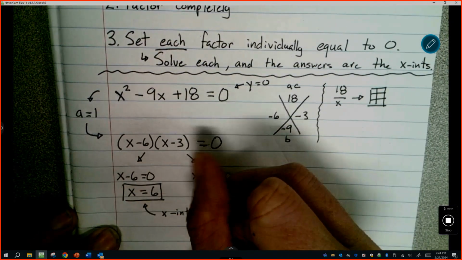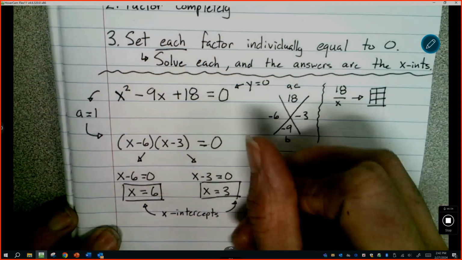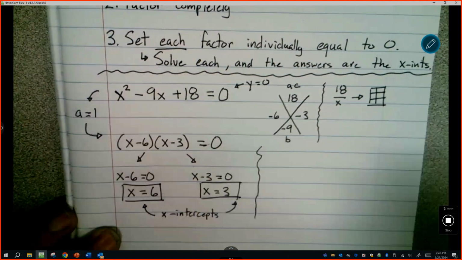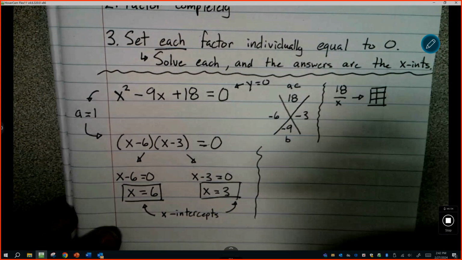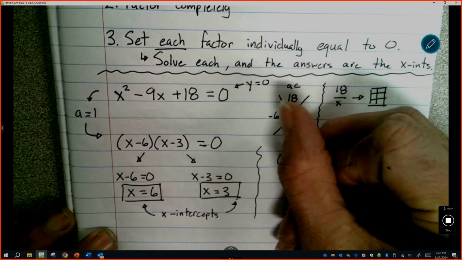And if we were to take one of these two values and plug it into my original equation, you will see that it is going to make that expression on the left go to 0. So let's do 3 because it's smaller.